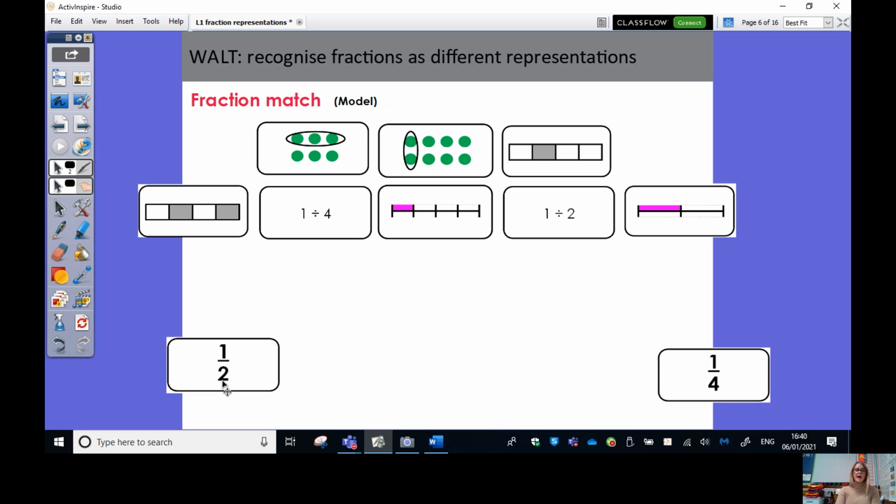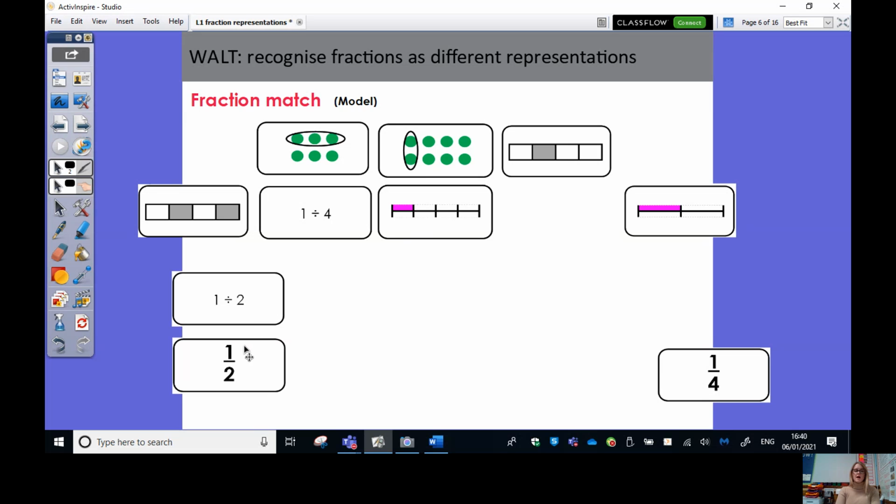So I know that any that I represent as a half are going to have 2 parts, and any representing a quarter are going to have 4 parts or 4 groups. So I'm going to start with this one here, because I can see that says 1 divided by 2, and I know that equals a half. And this one here is 1 divided by 4, so that one must be a quarter.